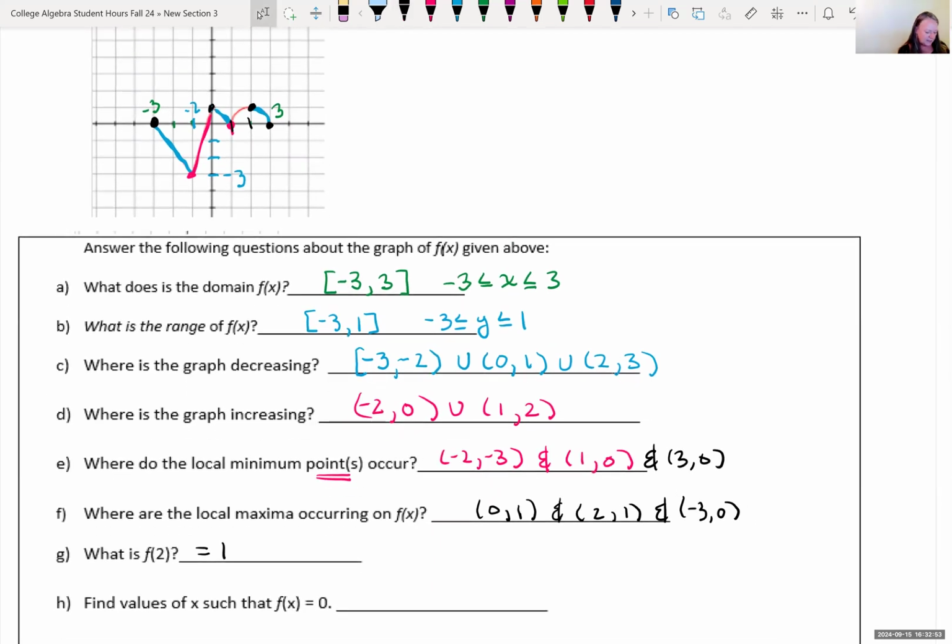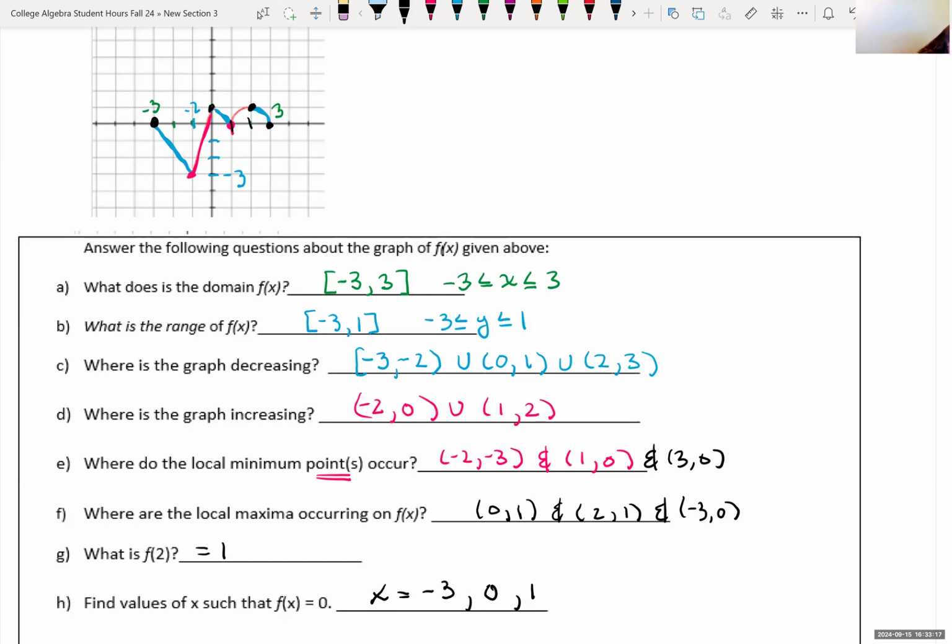Find all the x such that f of x equals 0. So I want to look at what x values give me a y value of 0. Another way to state that is, what are my x-intercepts? Well, my x-intercepts occur when x is negative 3, when x is, actually not 0.